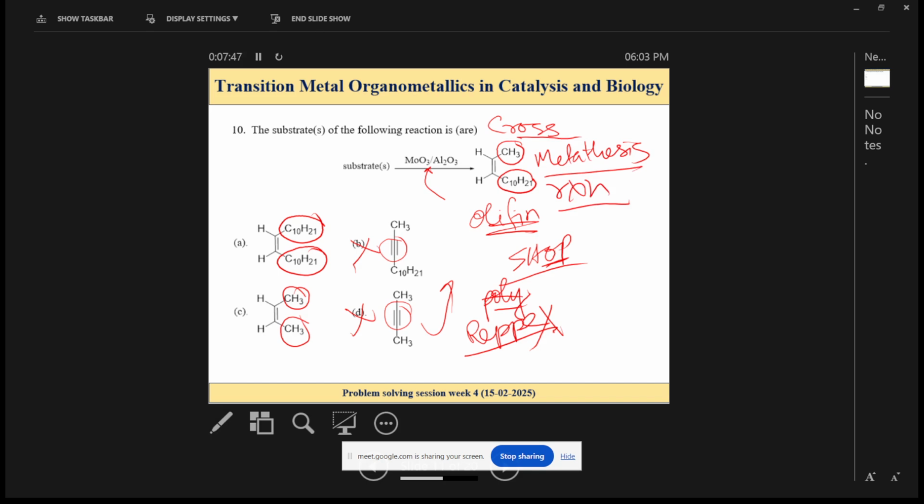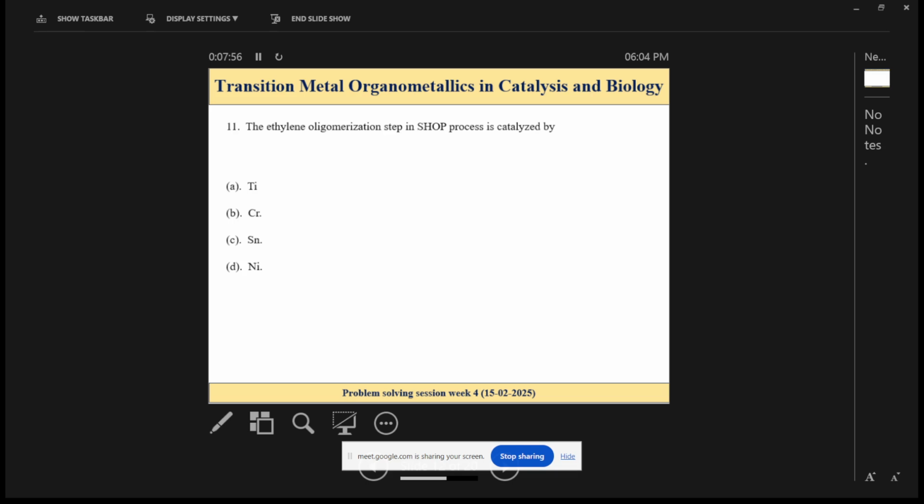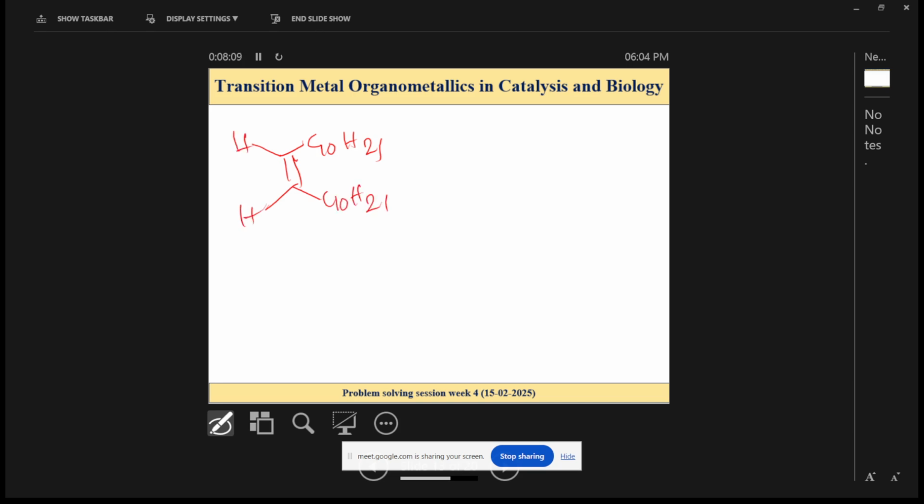So what will happen here? We have C10H21 and CH3, and these will react with each other to give our cross-coupled product.